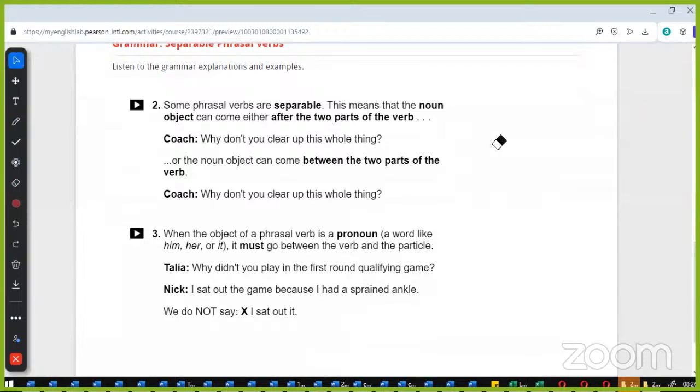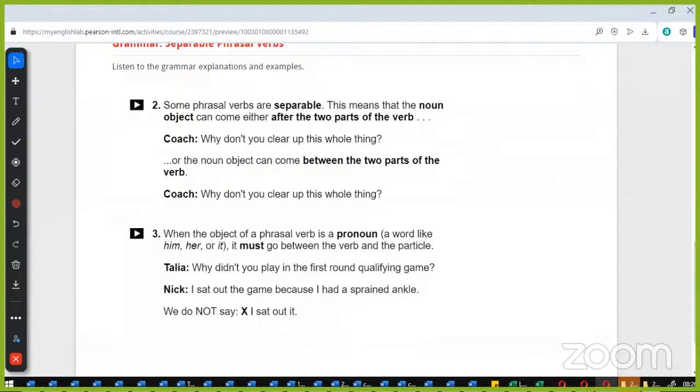I think there are hundreds, but you need the most important ones, because the other ones nobody uses, really. I saw a list of like 200 phrasal verbs, and 100 of those I've never seen in my life, to be honest.